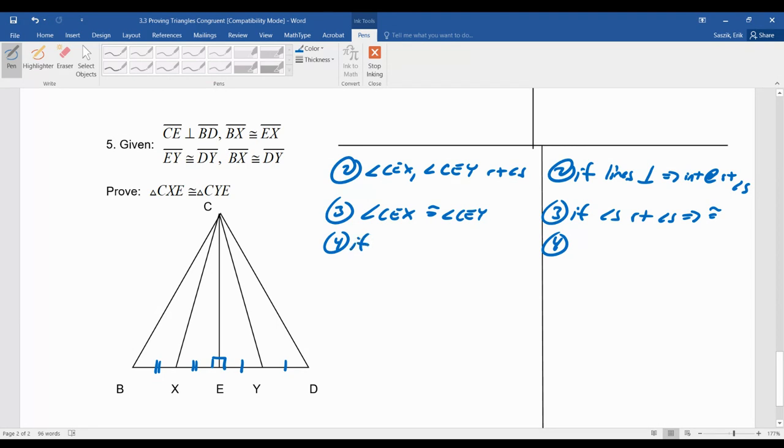Whoops, I got to write my statement down. So we want to say XE is congruent to EY. And this would be if segments congruent to congruent segments, then they are congruent. And it goes something along the lines like this.